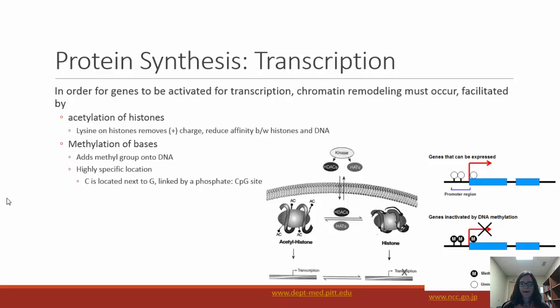So we also have another process that affects whether the gene is activated for transcription, but let me back up a little bit and show that this graphic is demonstrating the acetylation of the histones.